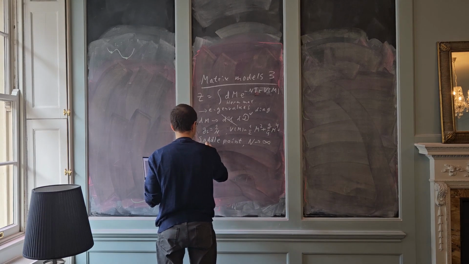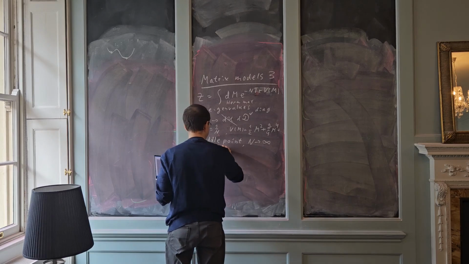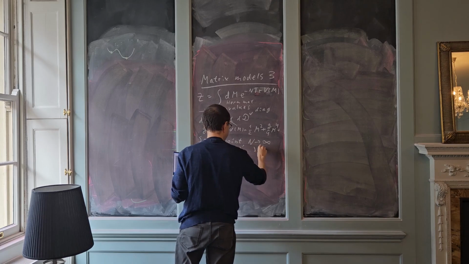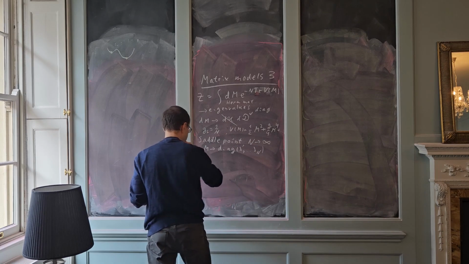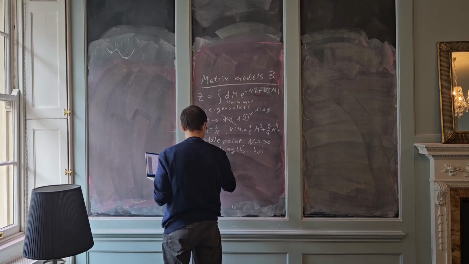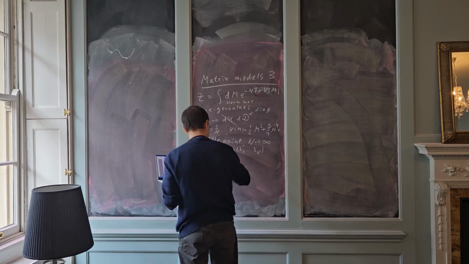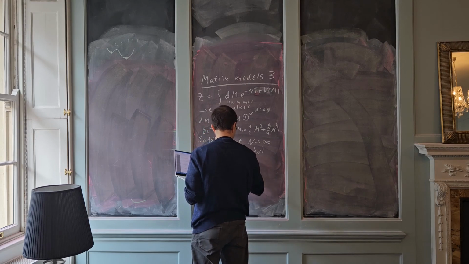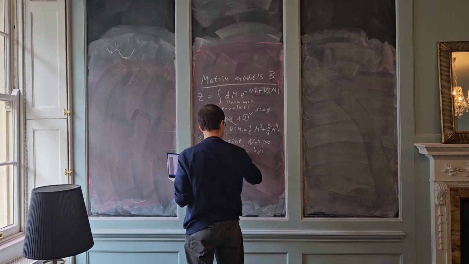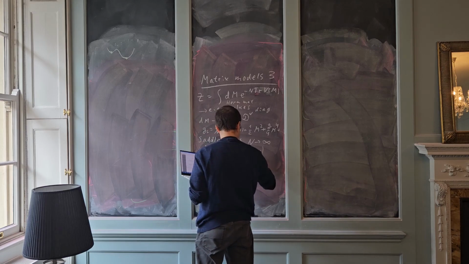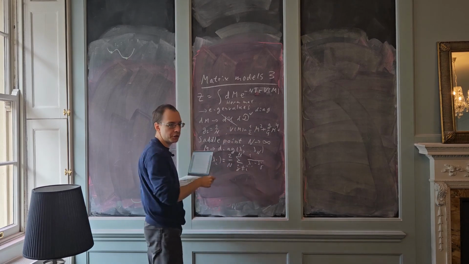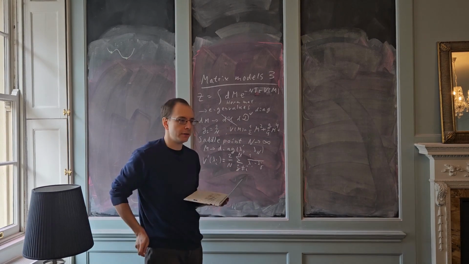If the eigenvalues of our matrix are lambda 1 to lambda N, then the equations have this form: V prime of lambda i equals 2 over N sum over j not equal to i up to N of 1 over lambda i minus lambda j. Today we will see how to simplify these equations and how to actually solve them for some particular interesting cases.